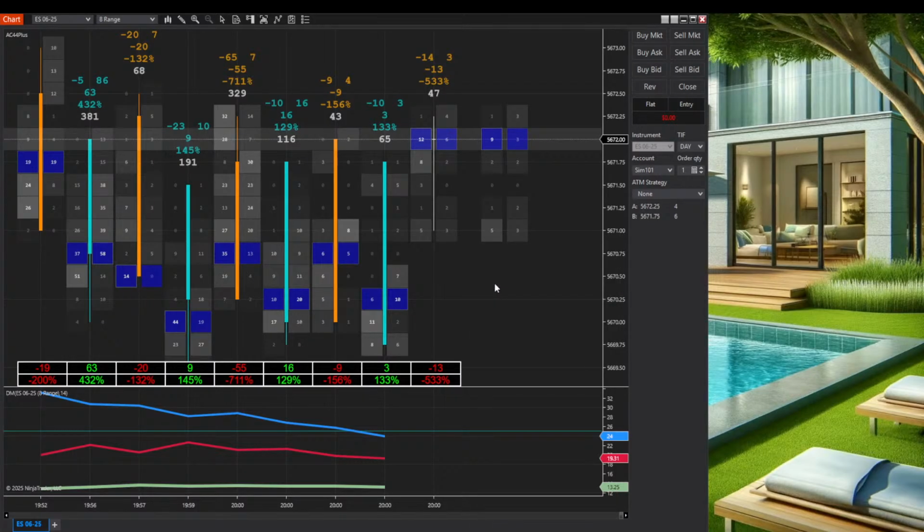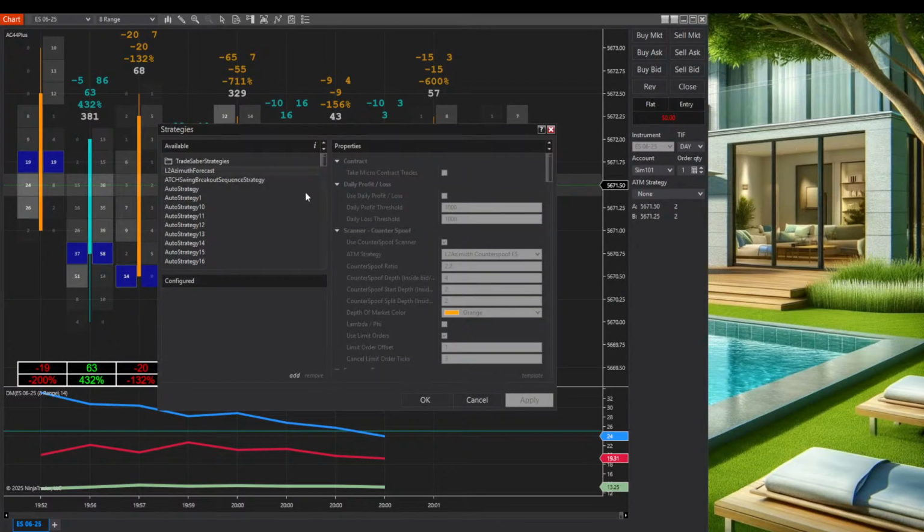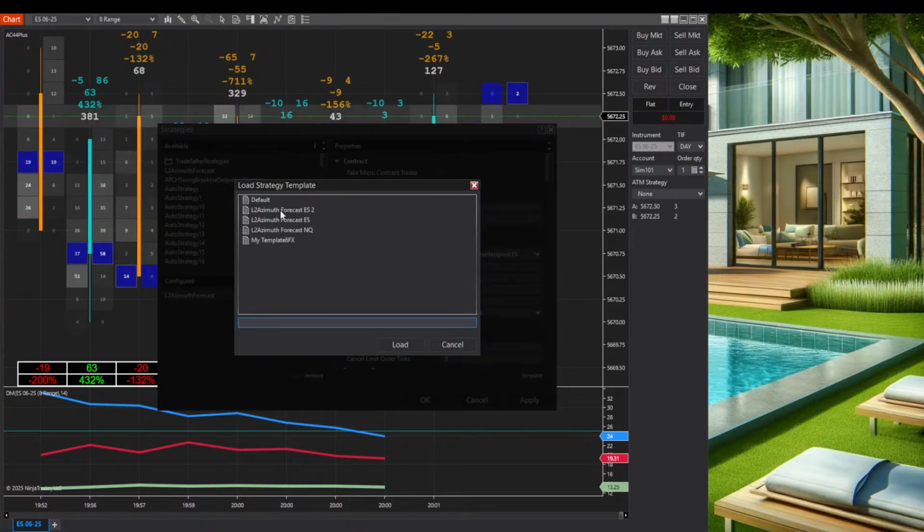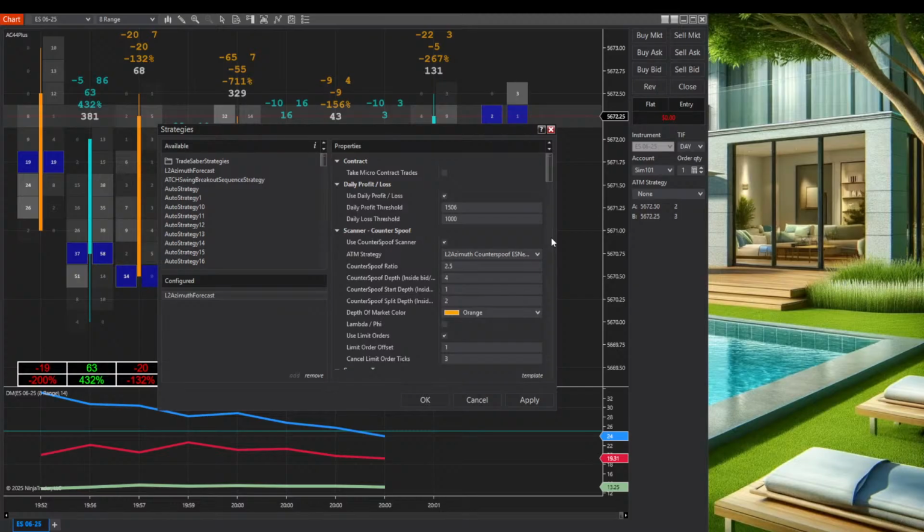For the strategies, of course, there's going to be the AI robot. I got my template settings here. Looks like we could use our old settings again.